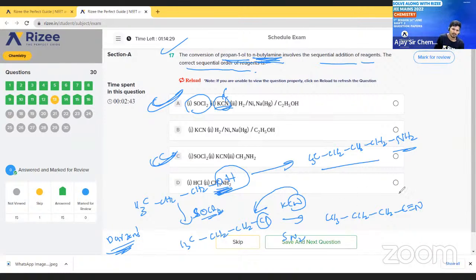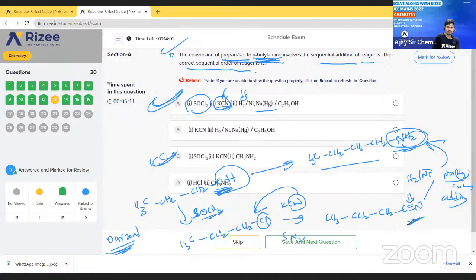Then addition will happen, using H2 with nickel, or NaHg and C2H5OH. Finally we will get this compound. At the place of C triple bond N, 2 hydrogens will attack and CN will become NH2. So what is the correct option? Correct option is A.